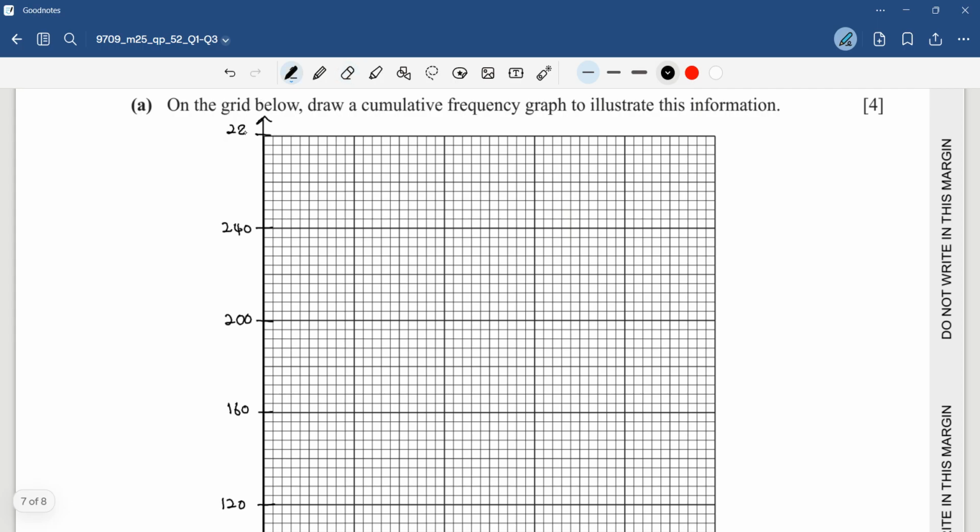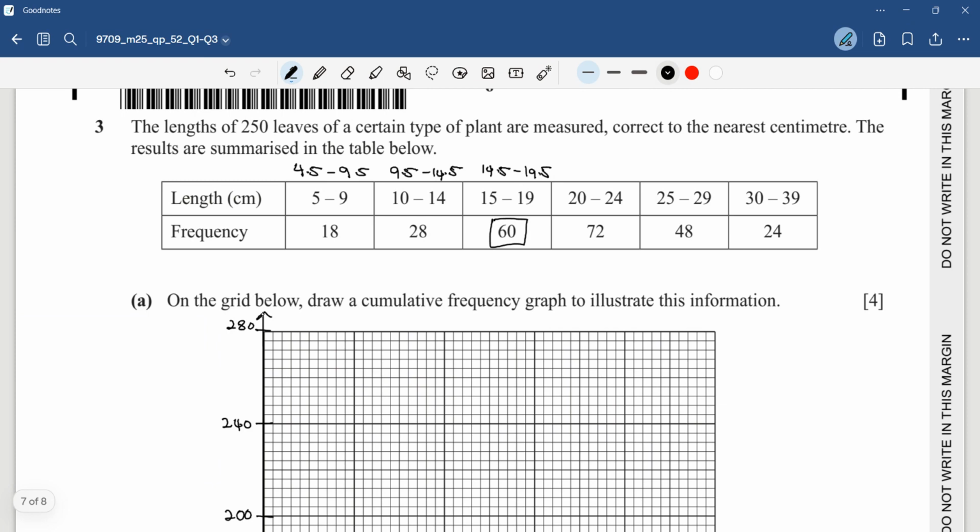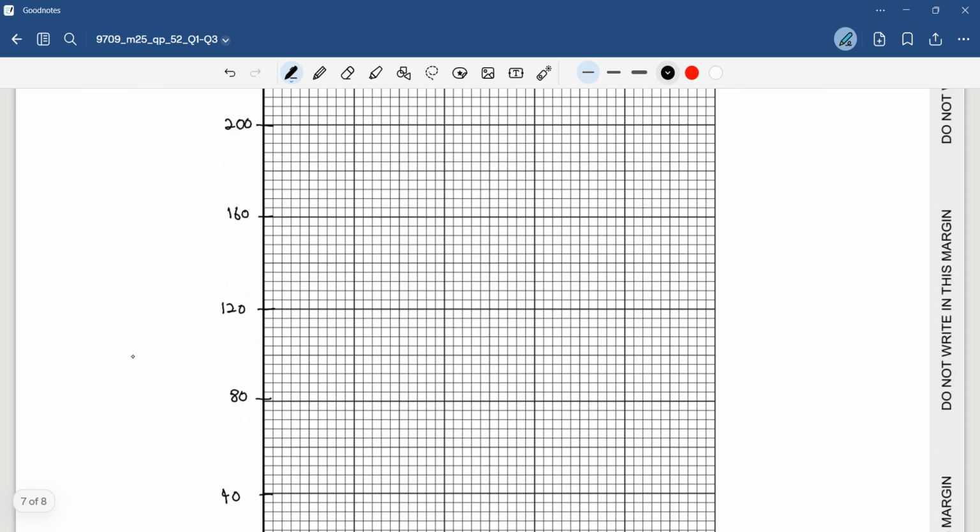So 280. So make sure you write your axis, so cumulative frequency.